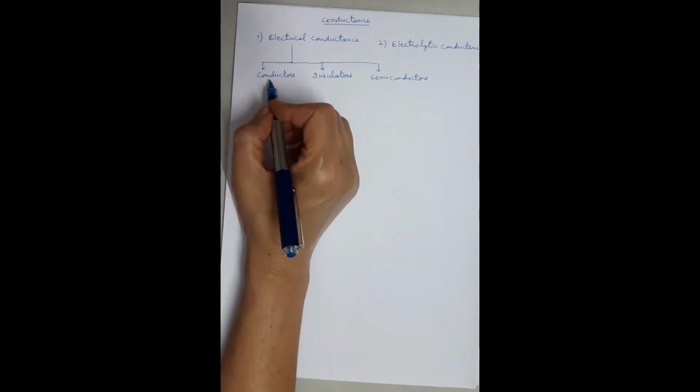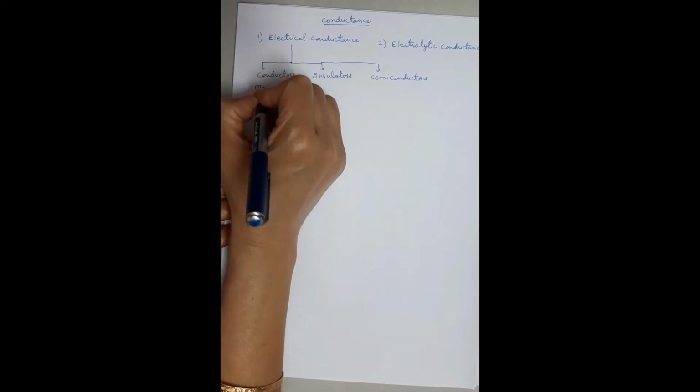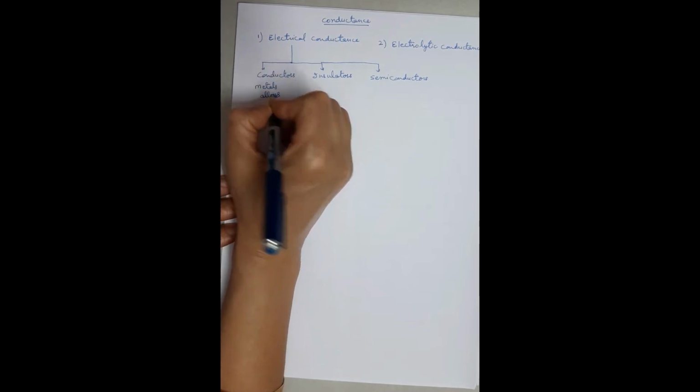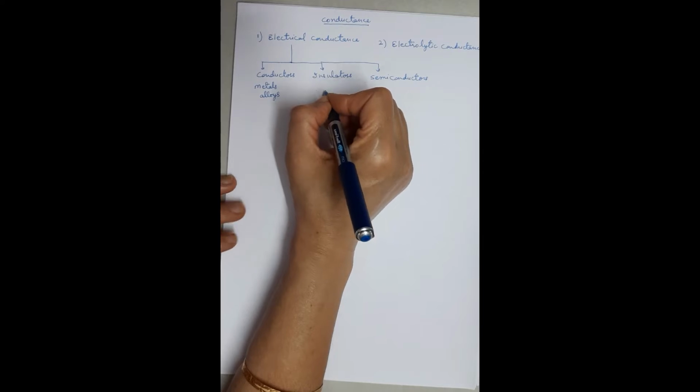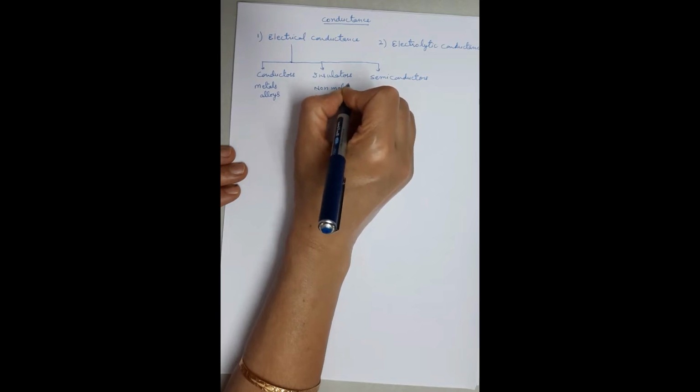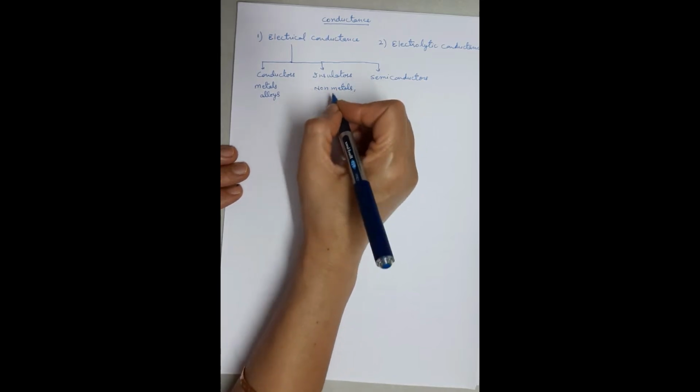Beta, what are conductors? The substances which allow the passage of electricity through them are called conductors. Some metals are very good conductors. Some alloys are also there, even they are conductors. What about insulators? Insulators are the substances which do not allow the current to pass through them. Generally non-metals, or I may say glass and ceramic.